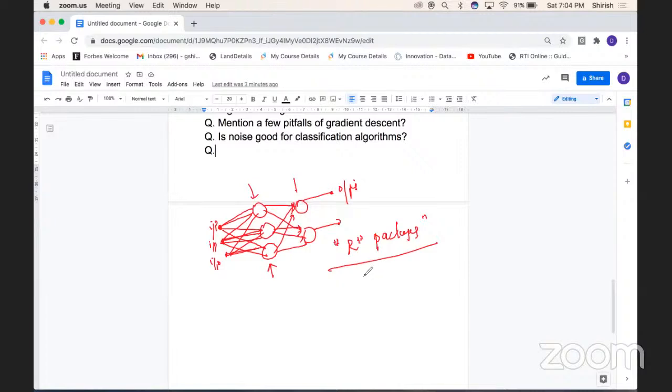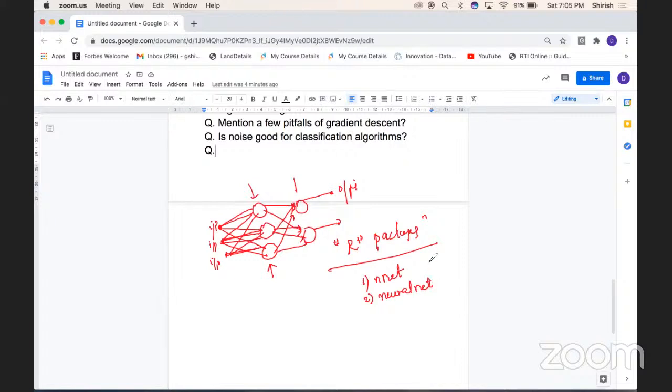So what are those packages? Any few, 2 or 3? You all know that it is NNet, right? You have one more package called neuralnet. Depending upon your output, continuous or classification, you use nnet or neuralnet.